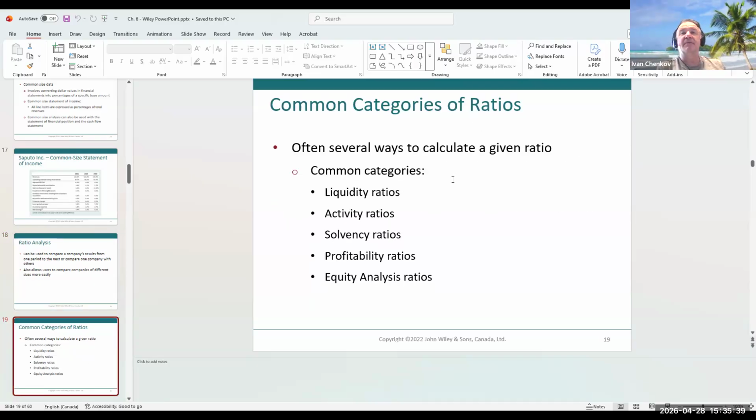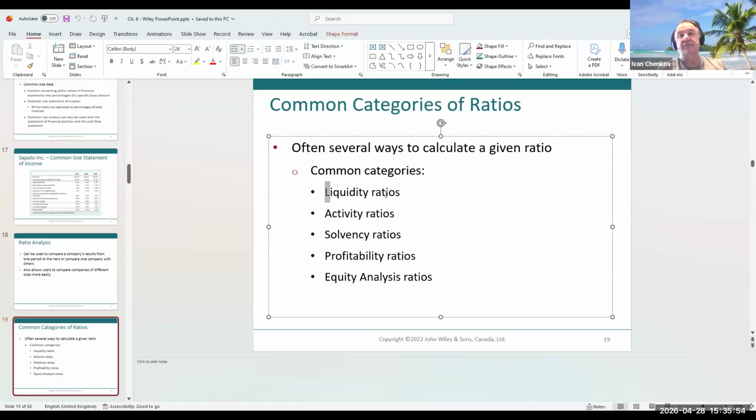The other type of analysis is the common ratio analysis, which depends on the different purposes. We're going to have liquidity ratios, which are related to the ability of the company to meet its short-term and long-term debt.